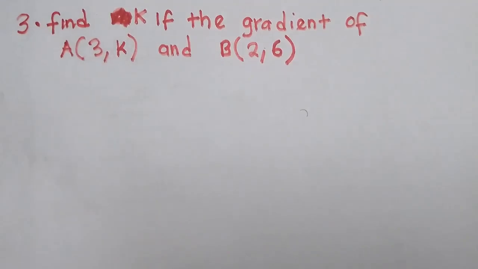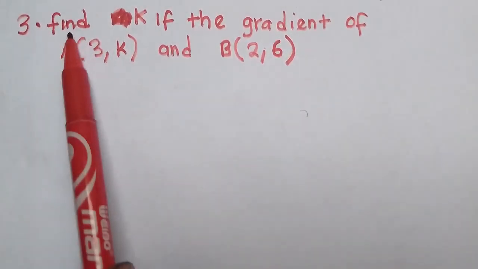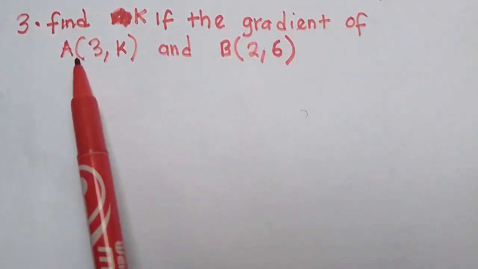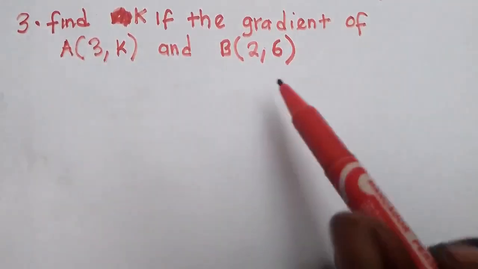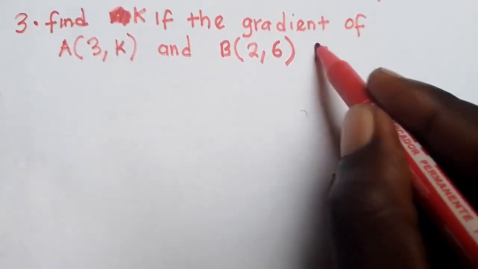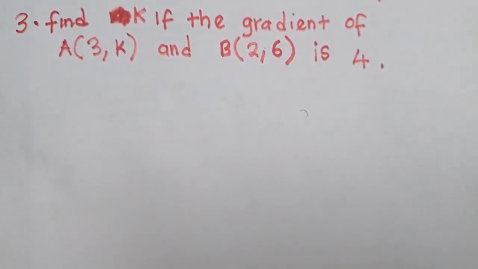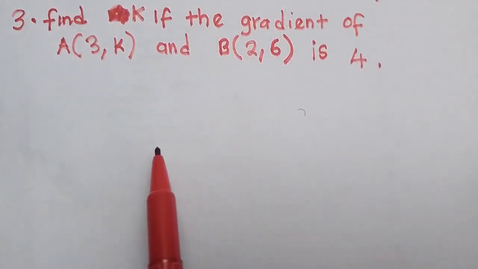Okay, so what we are going to do here, the question is saying, find k if the gradient of A, which is (3, k), and B, (2, 6), is 4. So how can you find the gradient of this? How can we find the value of k?